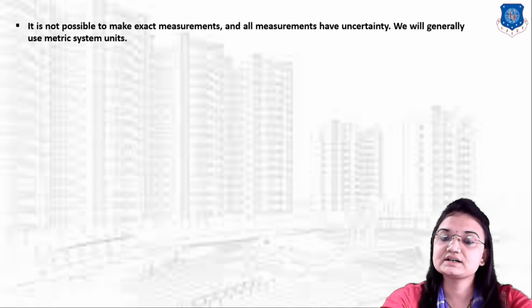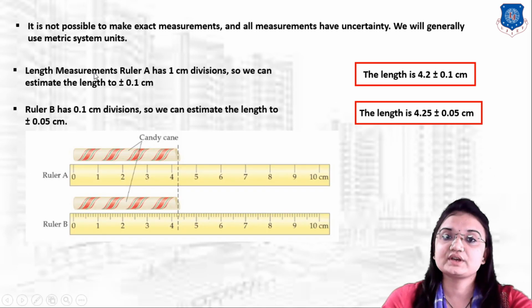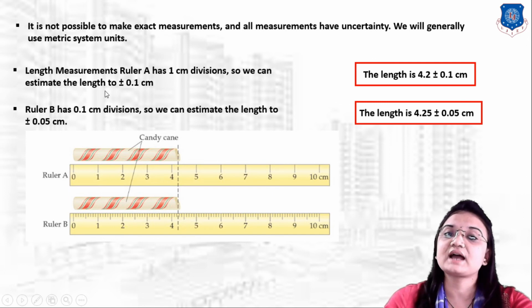Let us understand with an example: the length of a candy can measured with ruler A. Ruler A has 1 centimeter divisions, and there are no other divisions between 0 and 1. So we can estimate the length to plus or minus 0.1 centimeter, like 0.1, 0.2, 0.3, 0.4 centimeter.